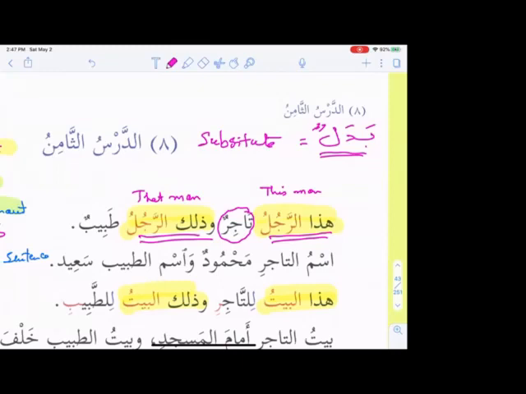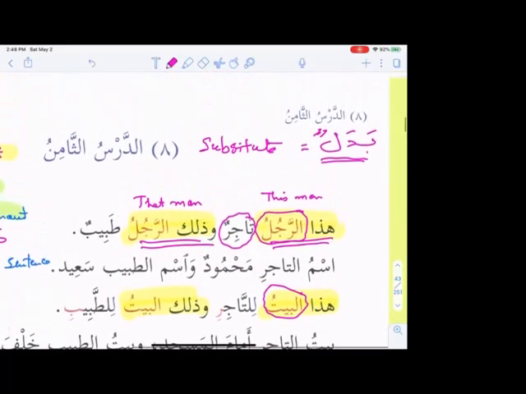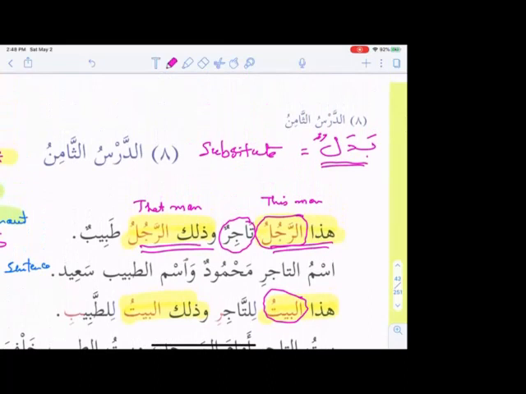Haza, which is ismu ishara, demonstrative pronoun, when it comes in the shape of haza, hazihi, zalika, tilka, ulaika, haulai, followed by a definite noun, and that definite noun, we call it substitute for demonstrative pronoun, haza.